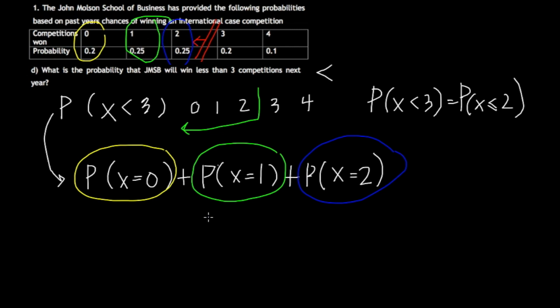These are mutually exclusive. So this gives us a total of 0.2 plus 0.25 plus 0.25, which is equal to 0.7.